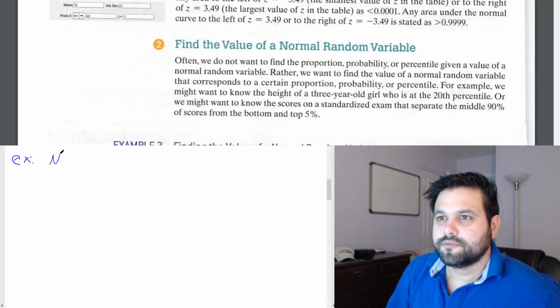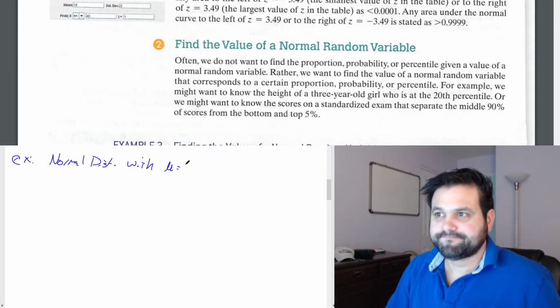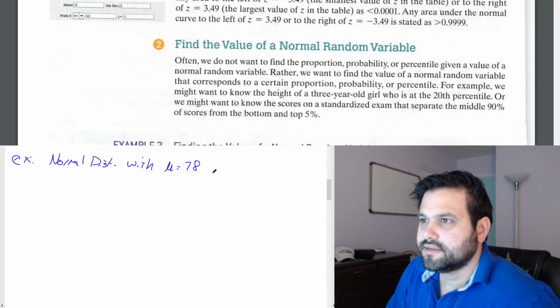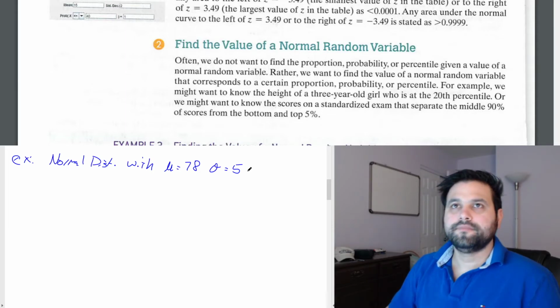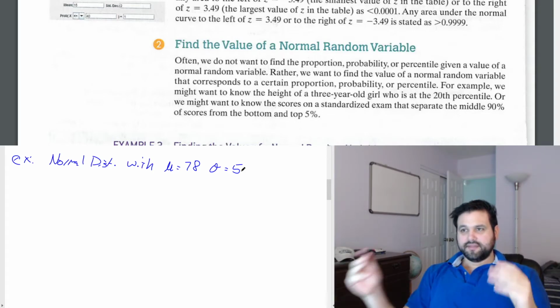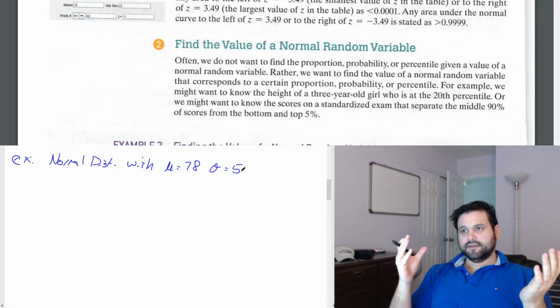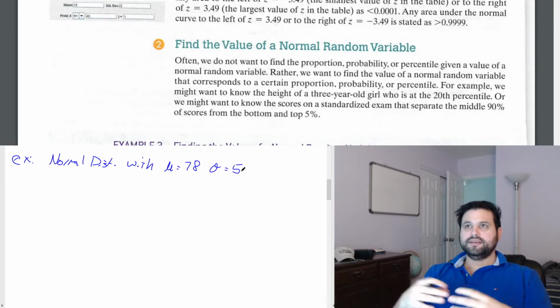Suppose we have a normal distribution with a mean of, let's just make up some numbers, 78, standard deviation of 5, and we want to know, well, what do I need? Let's say this is a test, right? So the average was a 78 and the standard deviation is 5. The question is, what would I need to score in order to be, let's say, the 90th percentile?